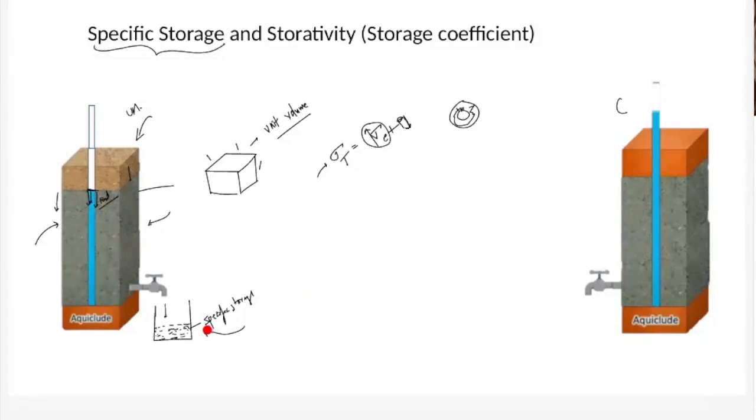But there is one more contribution to this. What is this one more contribution? This one more contribution is expansion of water. It will have a very small share of the water that comes out, but there will be some share of it. How? See, if you decrease the pressure of anything, will that thing expand?